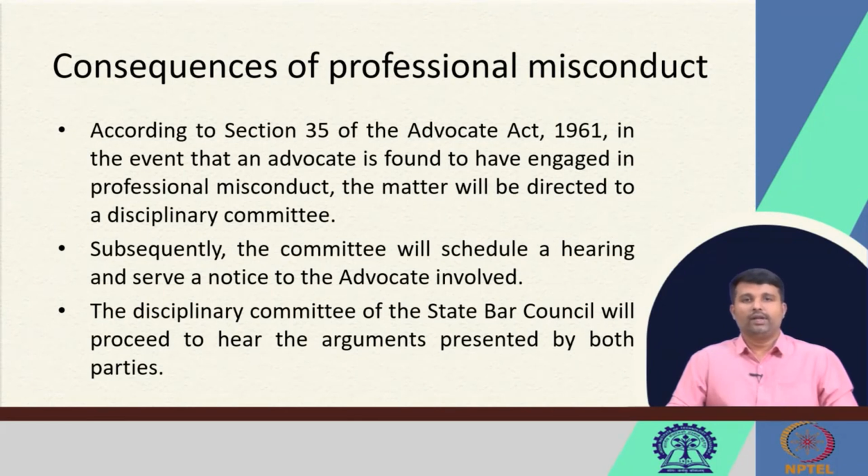According to Section 35, in the event that an advocate is found to have engaged in professional misconduct, the matter will be directed to a disciplinary committee. The committee will then schedule a hearing and serve a notice to the advocate involved. The disciplinary committee of the State Bar Council will proceed to hear the arguments presented by both the parties.